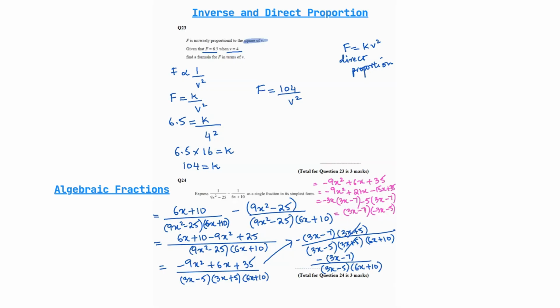And, oh wait, we can further simplify this. We can take the 2 common from 6x plus 10. So let's rewrite that: negative 3x minus 7 over 2 times 3x minus 5 times 3x plus 5. This is your fully simplified answer.